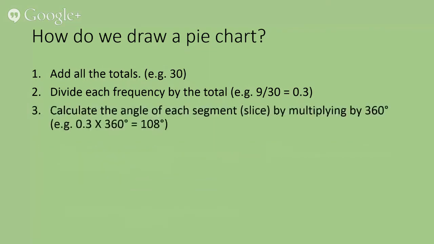Right? And then you calculate the angle of each segment or slice by multiplying it by 360 degrees, which is a complete circle. So you take your 0.3 multiplied by 360 degrees and that gives you 108 degrees.